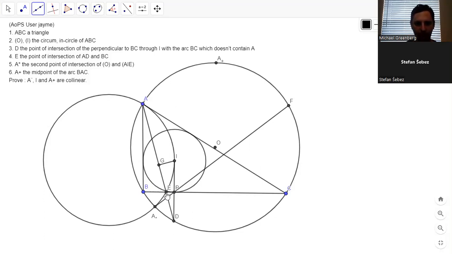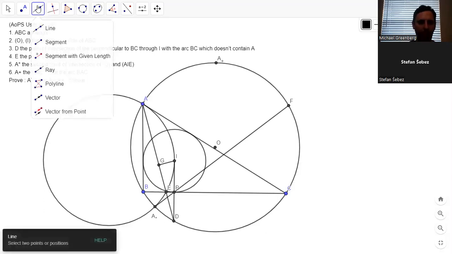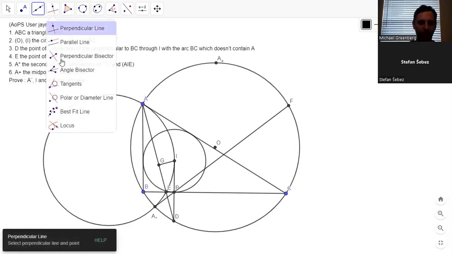Yeah, point E kind of looks familiar. I think I might have seen it before. So one thing we know, and I don't know if this helps, but maybe I could draw the midpoint of arc BC.